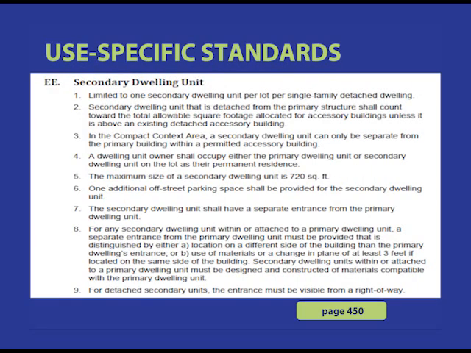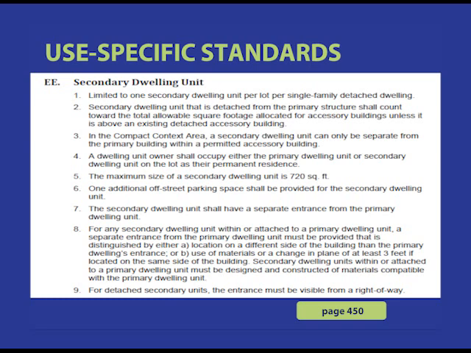Now let's move on to the secondary dwelling unit. It does have a number of use-specific standards. This is a new provision in zoning for Indianapolis. This is something that was not permitted by right under the old ordinance. What emerged followed considerable discussion, public discussion, and we settled on these key provisions to regulate what is permitted in a secondary dwelling unit.